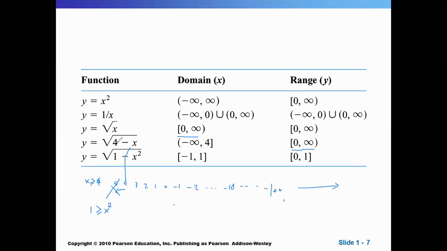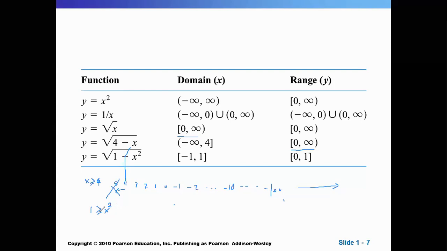Clear? Okay, we said if we look at this equation y equals the square root of 1 minus x squared, that means the restriction is what? 1 is greater than or equal to x squared. Very good. Now, can anybody tell me where is the domain here?